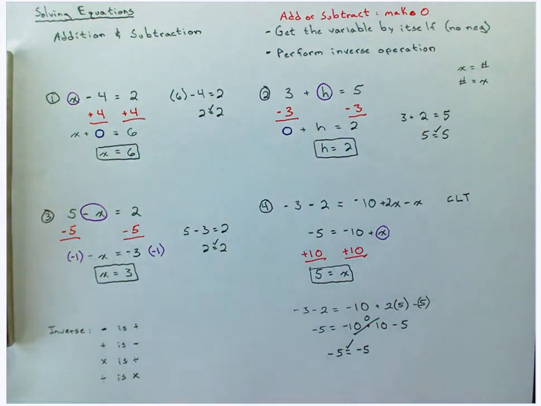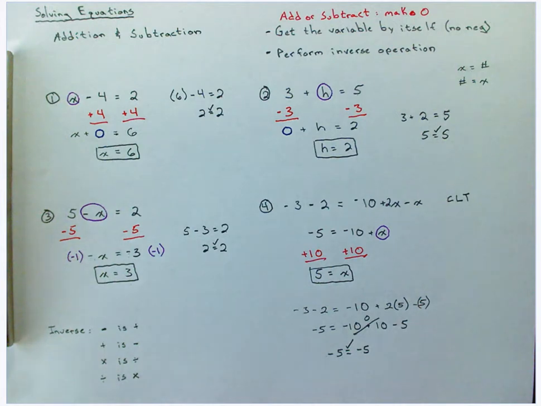And that is addition and subtraction for solving equations. Remember, we always want to get the variable by itself. No negative number with that variable. Whenever I do my addition or subtraction, I'm wanting to create the number 0. What I do to one side of my equation, I must do to the other side.